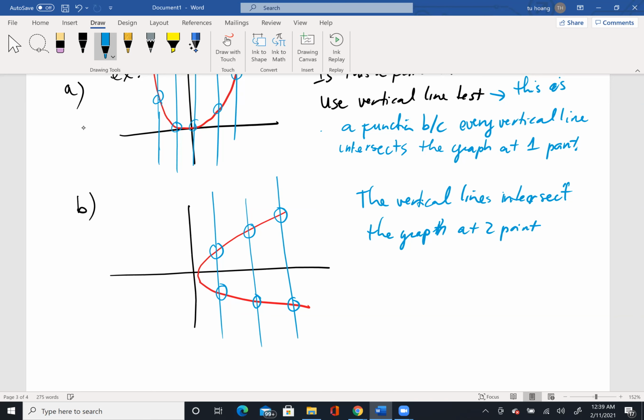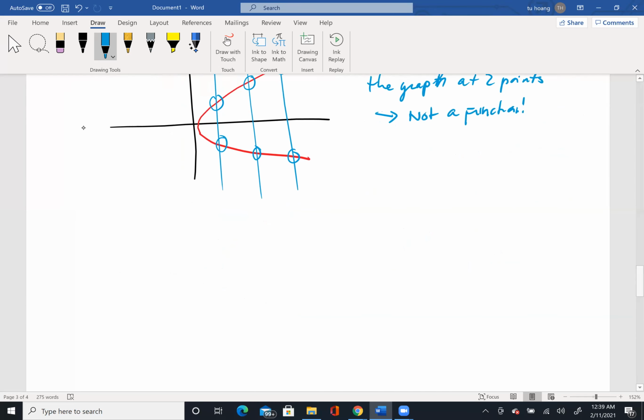So that is not satisfying the requirement of the vertical line test. So then I'm gonna say this is not a function. Okay. All right. That's pretty much what we need to know. I'm just gonna have some more examples for you.